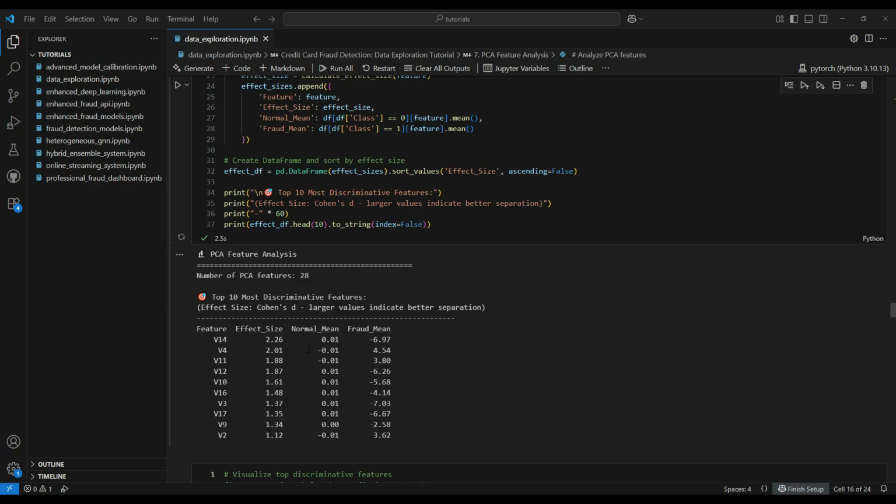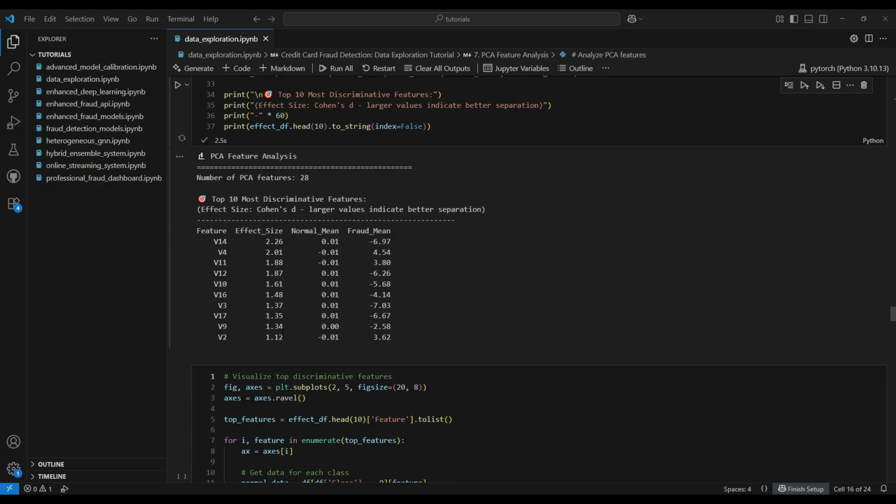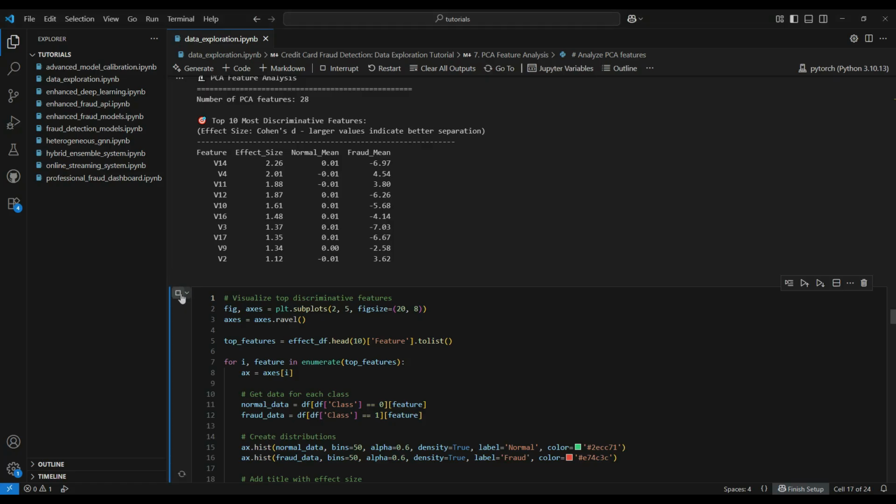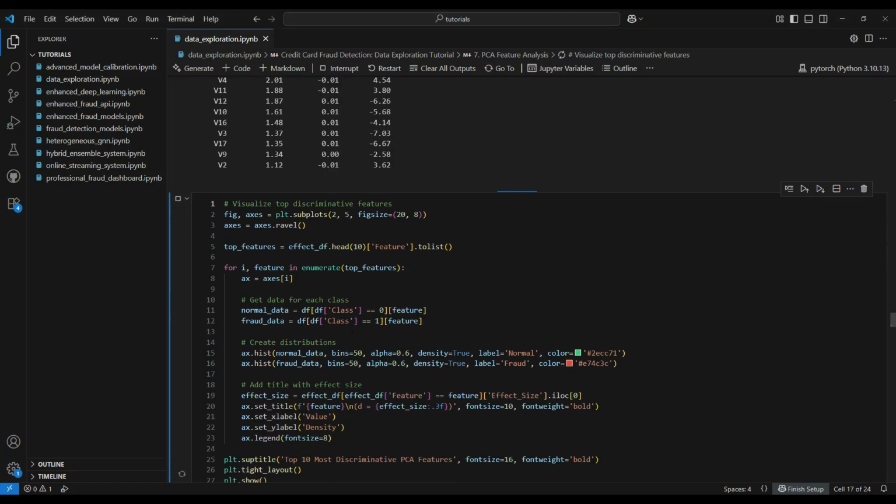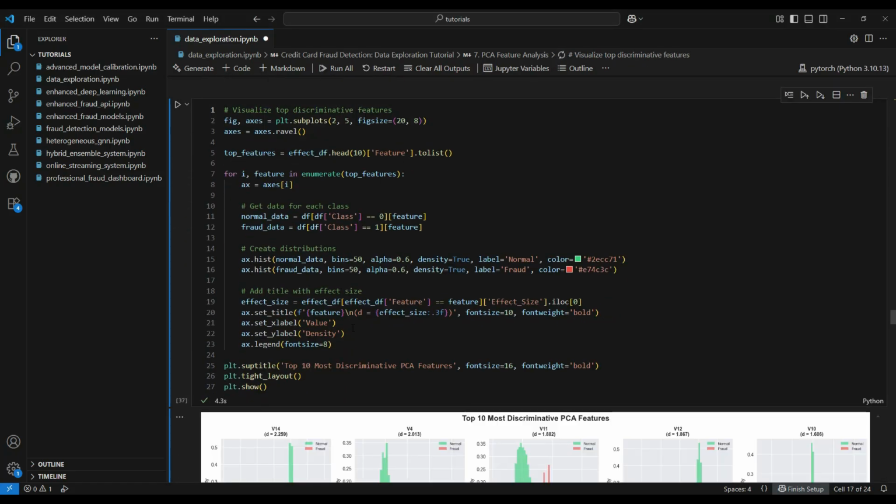So now, okay, let's visualize those features. Those are the top 10 features.